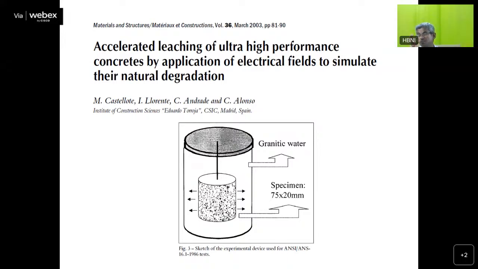So how do we study whether a concrete is stable or not? If you put it in water, you will not come to know, because we cannot wait 100 years. So people take concrete or cement and put it in water and subject it to high pressure and high temperature. This is called accelerated testing, or accelerated leaching.